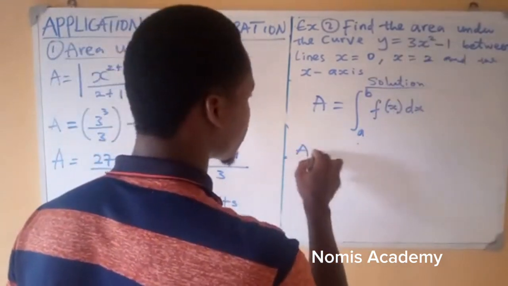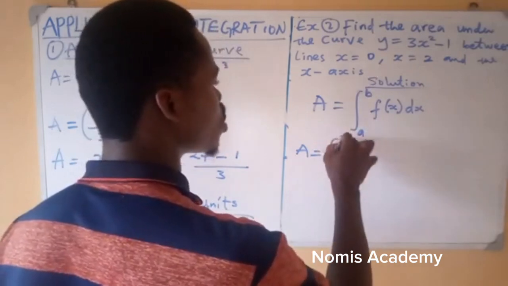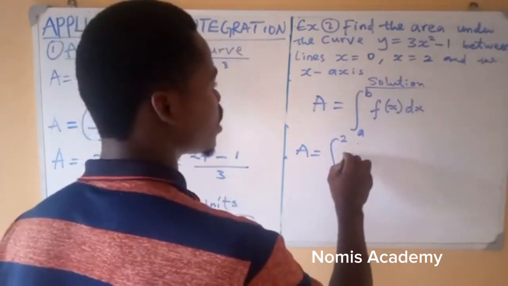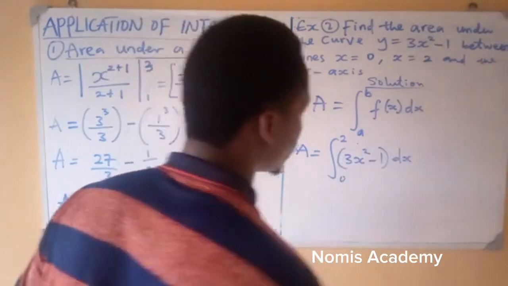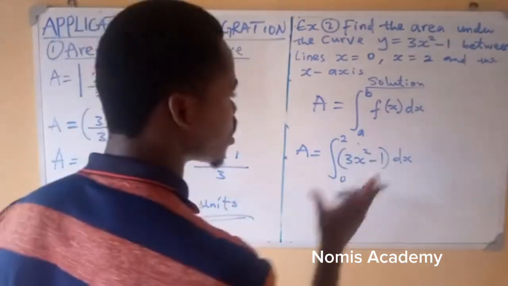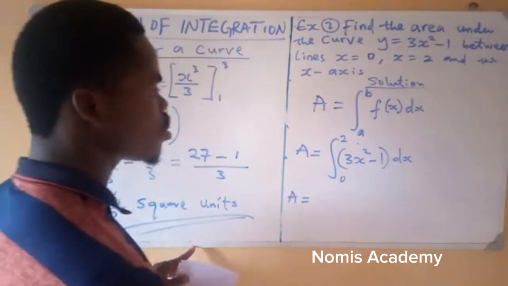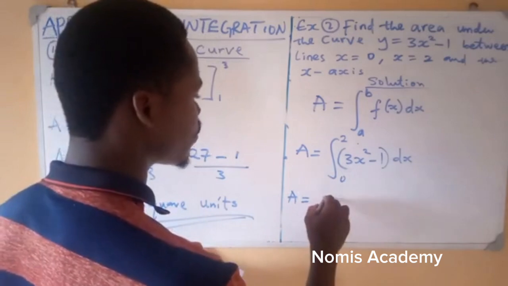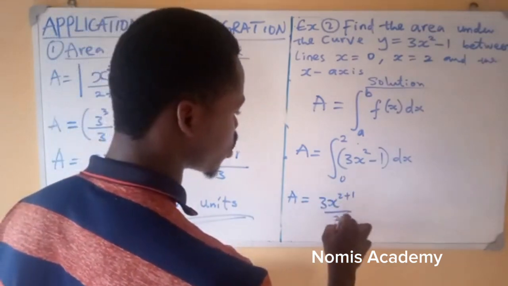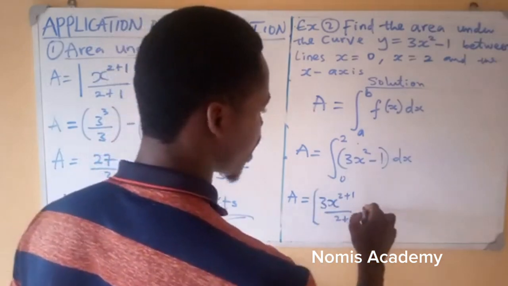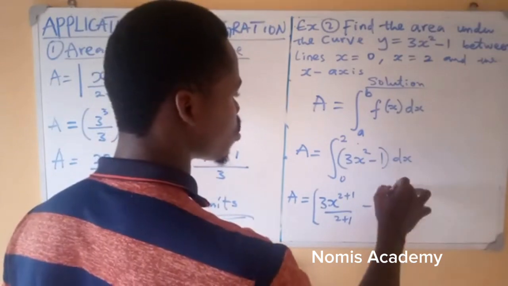So we have area equal to the integral, the lower limit is 0, the upper limit is 2, of 3x squared minus 1 dx. Okay, so the next thing to do is to integrate the function given. So here we have area equal to 3x raised to 2 plus 1 all over 2 plus 1, minus x, and the limits are 0 to 2.